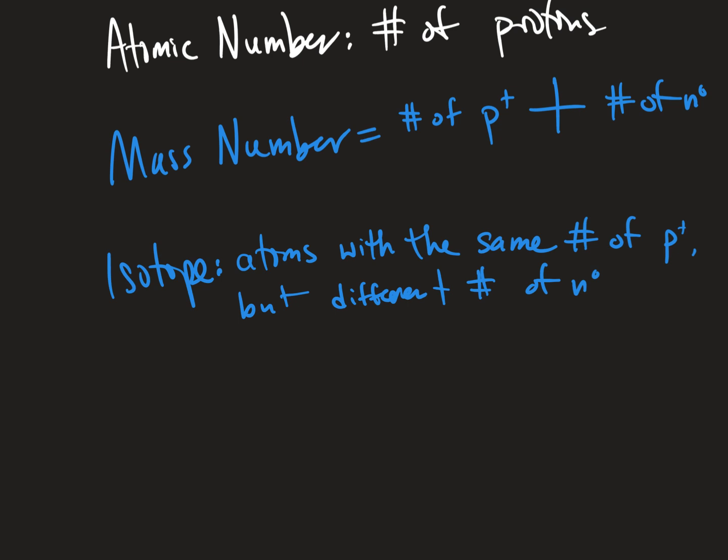They're going to have the same atomic numbers, right? Isotopes will all have the same atomic number. But they all have different mass numbers because they have different numbers of neutrons. The neutrons plus protons is the mass number. Good? All right.